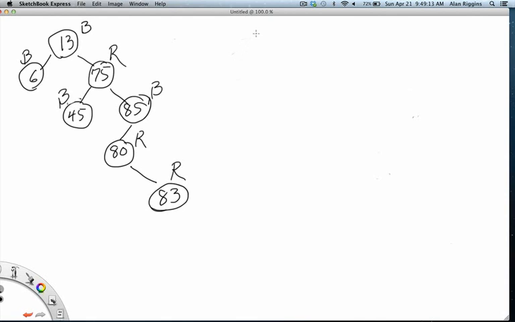We have 13, 6, 75, 45. To simplify, I'm doing this all in one step. Notice that here we need to rotate the 85 to the right side.